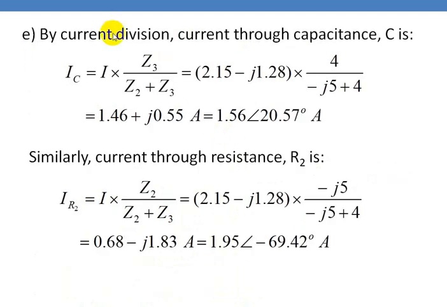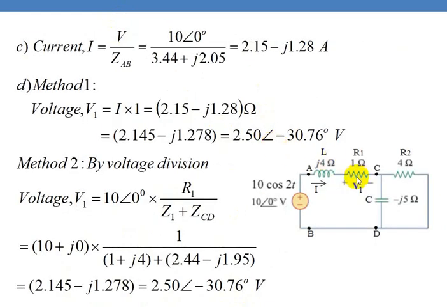Coming to current division, let us find the current through the capacitor and resistance using current division. It's very simple. You know the total current. If you want to find the current through the capacitance, use the current division formula. That is the total current multiplied by the opposite branch resistance divided by the sum of this resistance and this reactance.